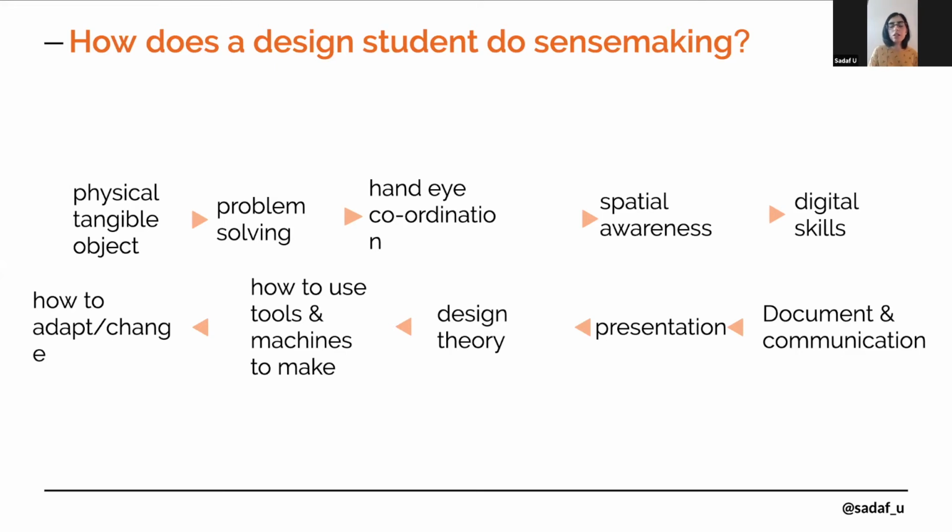As you can see, this is a lot more complicated, a bit more layered than a small child just banging, eating everything and grabbing anything they can. So this is how we are as of this age. We're looking at how they use these tools and machines to make, how they problem solve, how they use hand-eye coordination and spatial awareness.